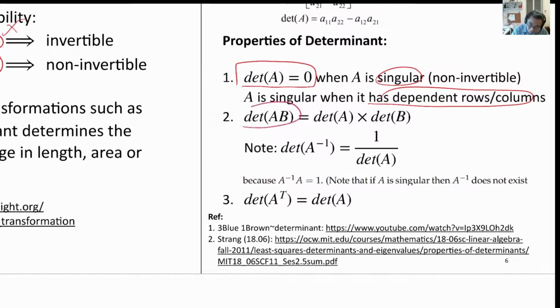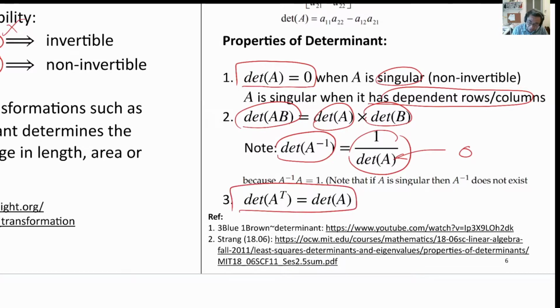The determinant of A times B is the same as the determinant of A multiplied by the determinant of B. The determinant of the inverse of A is the same as 1 over determinant of A, and hence that is why when the determinant of A is 0, meaning it's singular, 1 over 0 is infinity. And lastly, determinant of A transpose is the same as determinant of A.